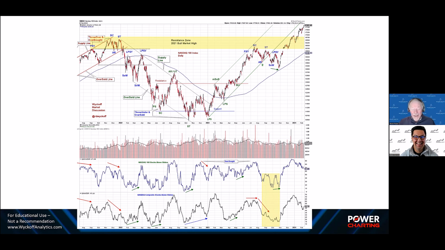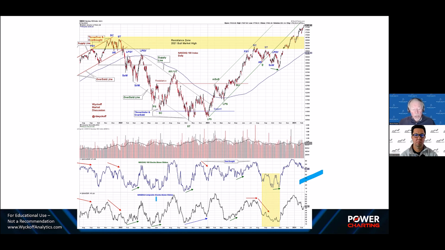But here I want to specifically go to what you just said, which is this zone right here. Now, let me explain what this is. This is the NASDAQ 100 stocks above their 50-day moving average. So this is a measure of breadth. How strong is the market underneath the surface?